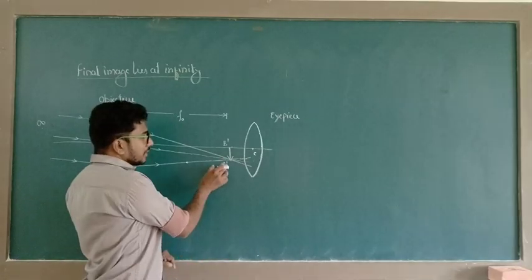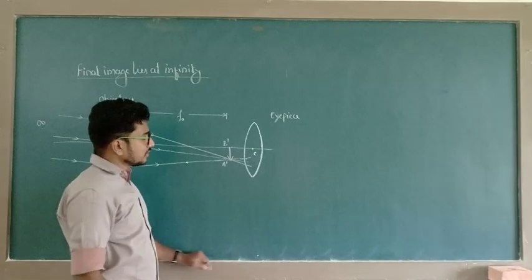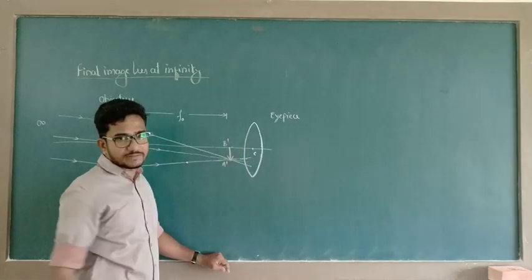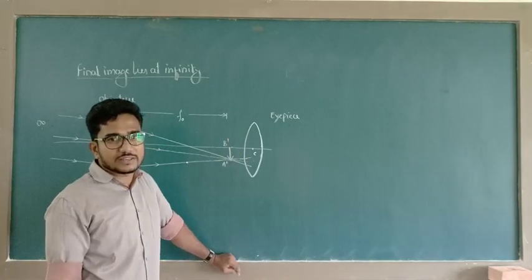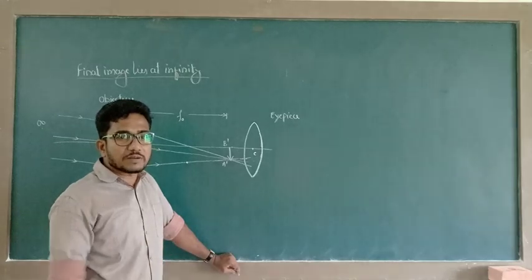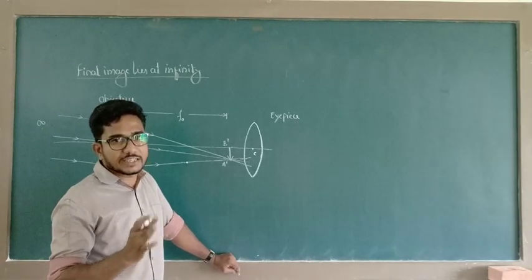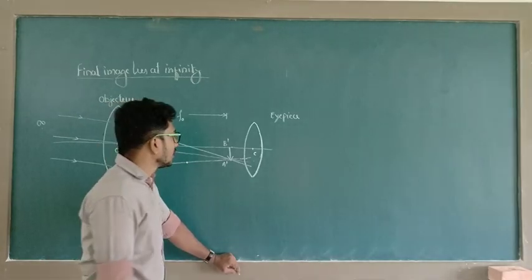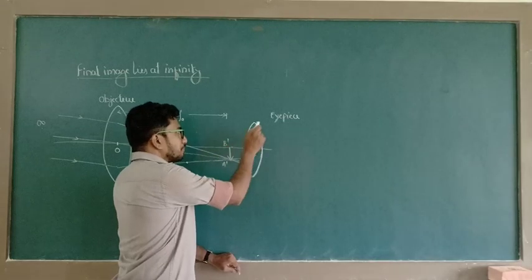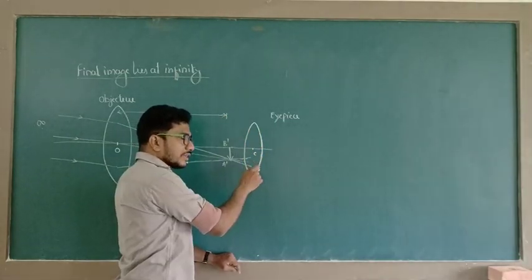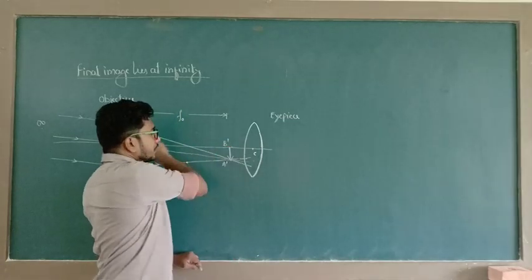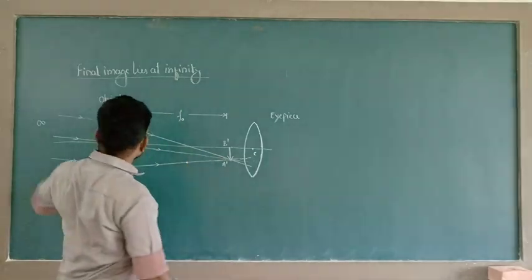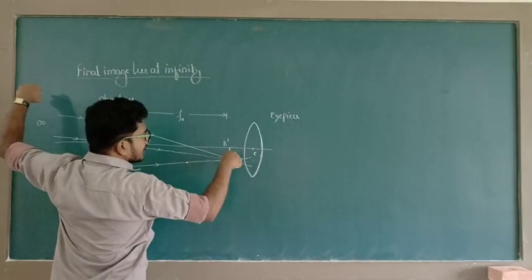That means the image of A dash B dash lies at infinity, so A dash B dash must be at the principal focus of this eyepiece, because we know that in case of a convex lens, when the object lies at the principal focus, its image lies at infinity. Therefore this point should be the principal focus of the eyepiece, and with respect to the objective, this point represents the principal focus of the objective, because the object is at infinity, so the image is at the principal focus.